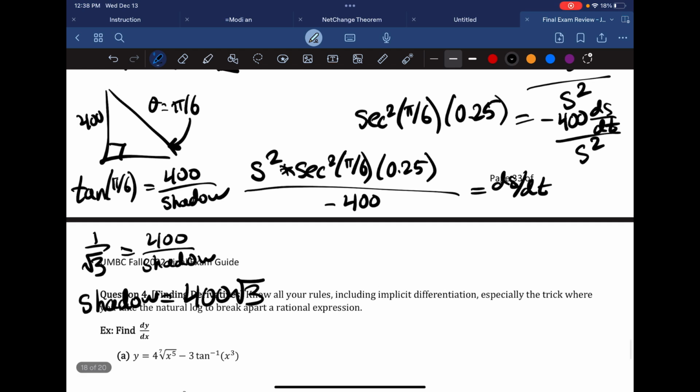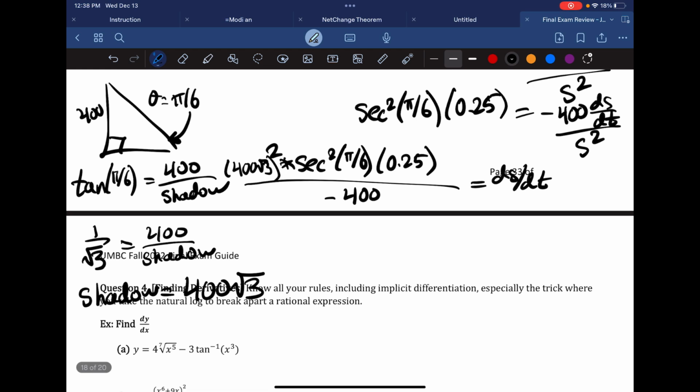So now, instead of s, we put 400 root 3. I'm trying to think if you'd be expected to simplify past this. Well, we could. So this would be 400 times 400 times 3, because that root 3 gets squared, times secant squared of pi over 6.